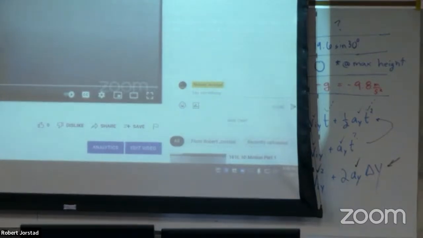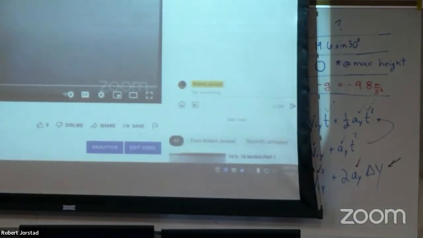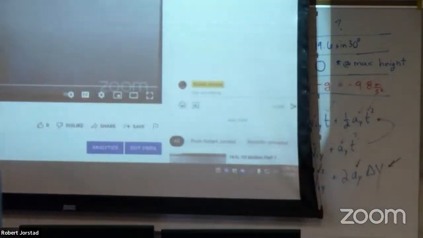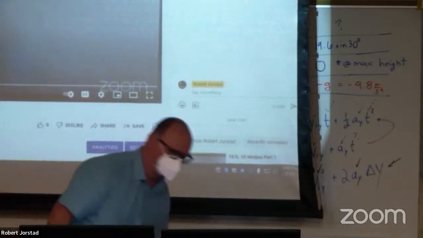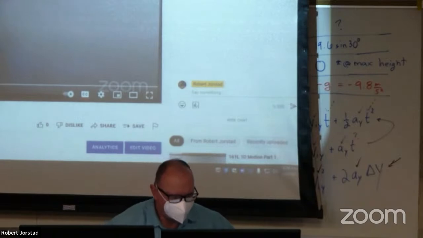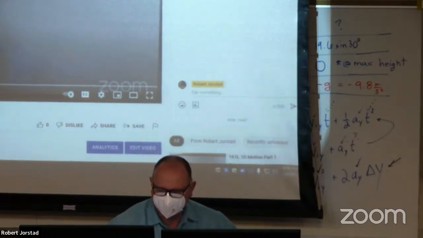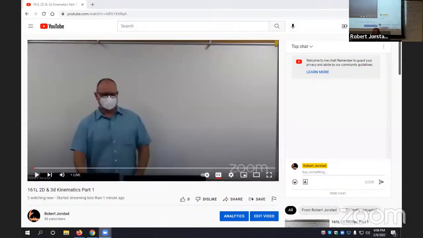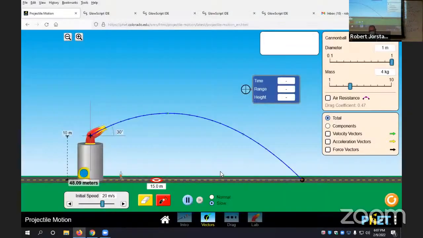I've got a whole bunch of simulations lined up, and I thought it might be exciting to look at some computer programs. Give me a second. I'm going to share screen on Zoom.